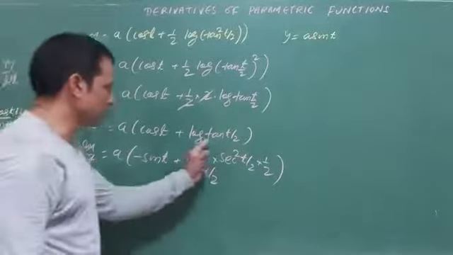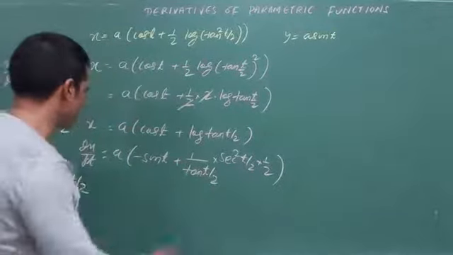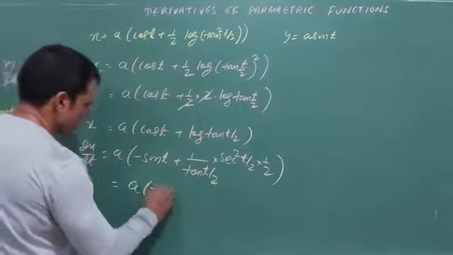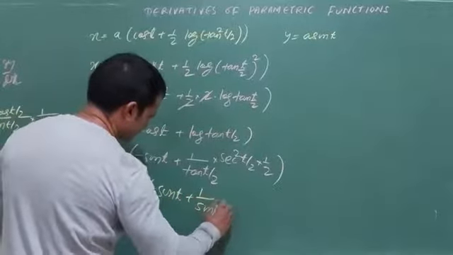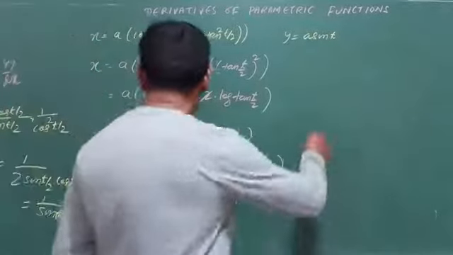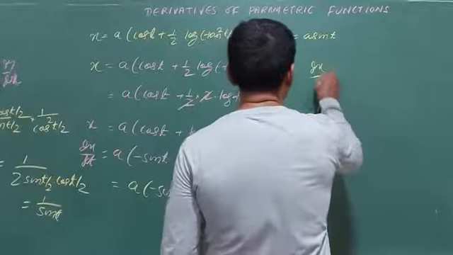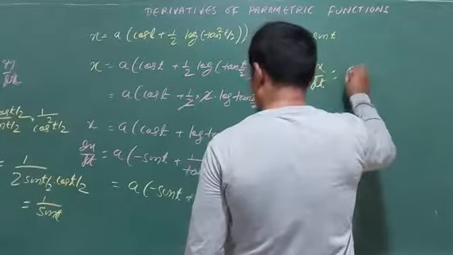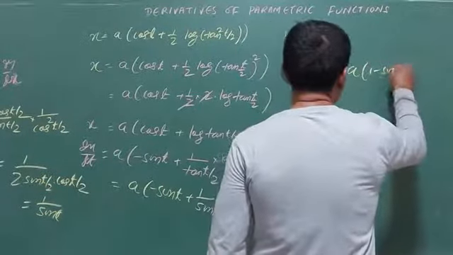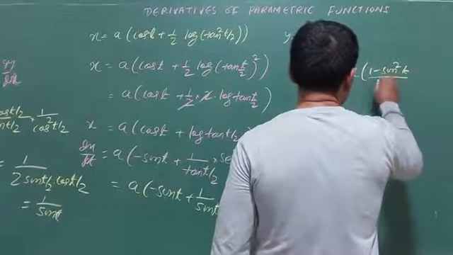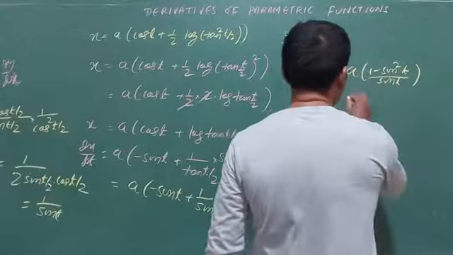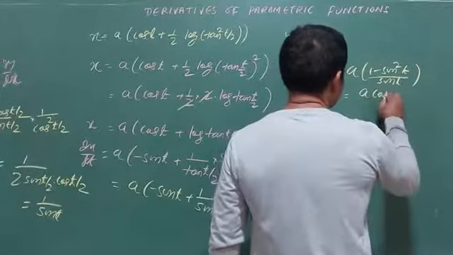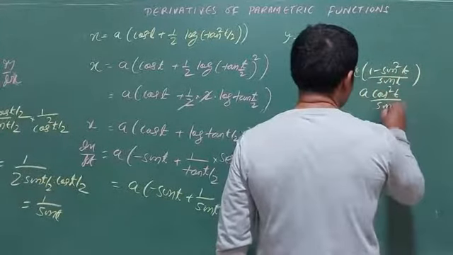By simplifying this part, we can write it as a into minus sin t plus 1 by sin t. So dx by dt becomes 1 minus sin square t by sin t. We can write this as cos square t, a cos square t by sin t.